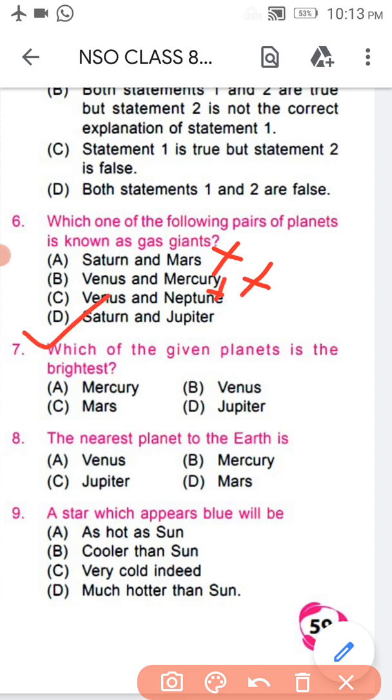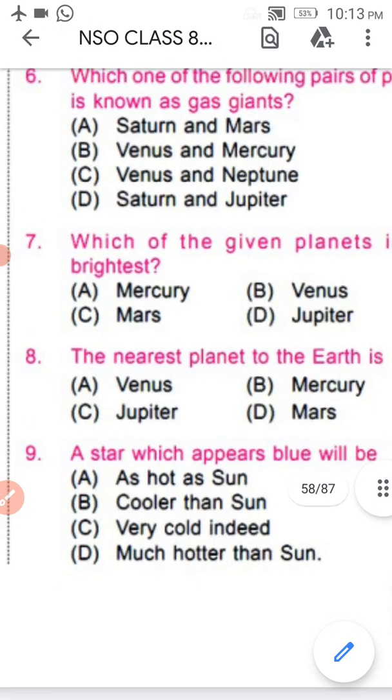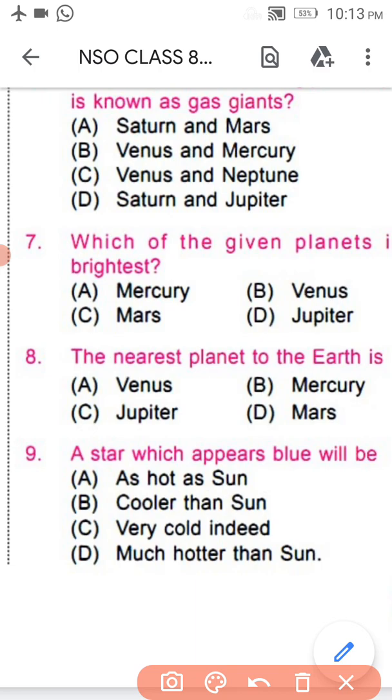Saturn and Jupiter is the correct option. Now come to question number 7. Which of the given planets is the brightest? Mercury, Venus, Mars, Jupiter. So option number B, Venus, is the brightest planet.